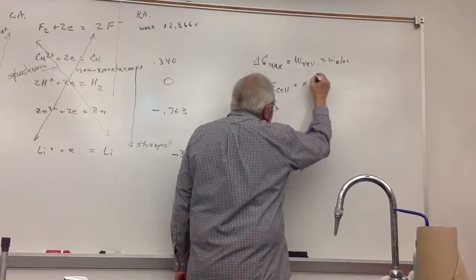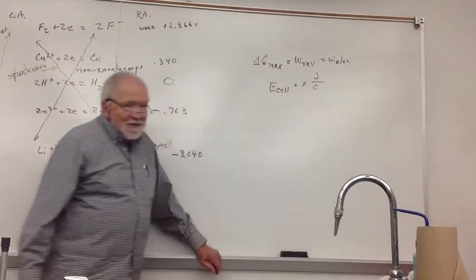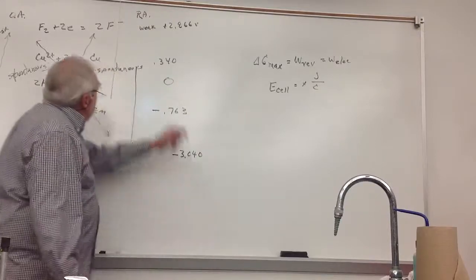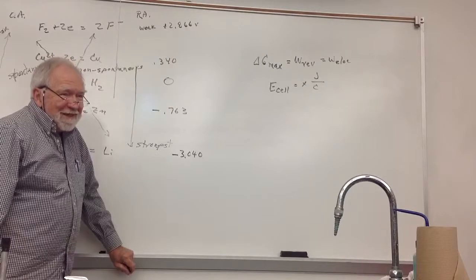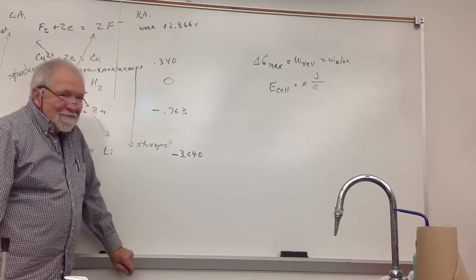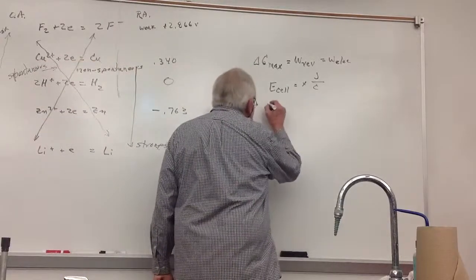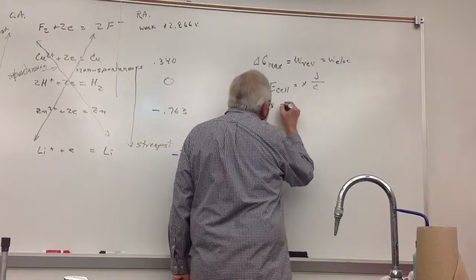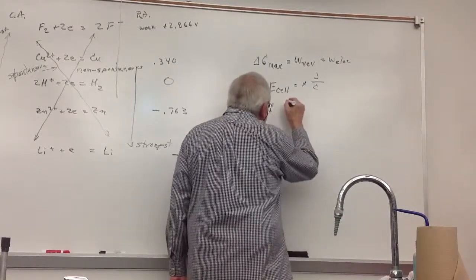I'll just put X. All I want is the units. It's so many joules per coulomb. This one says 0.2866 joules per coulomb. So I can get joules out of that if I multiply by charge. W for work is proportional, like that.